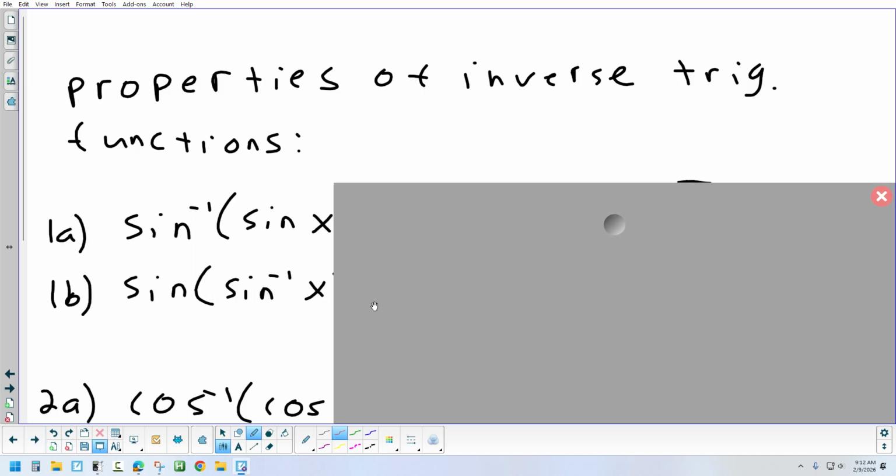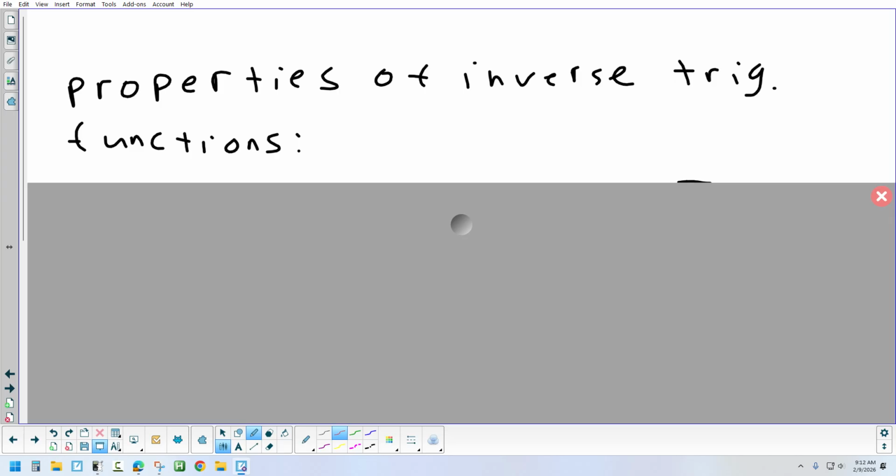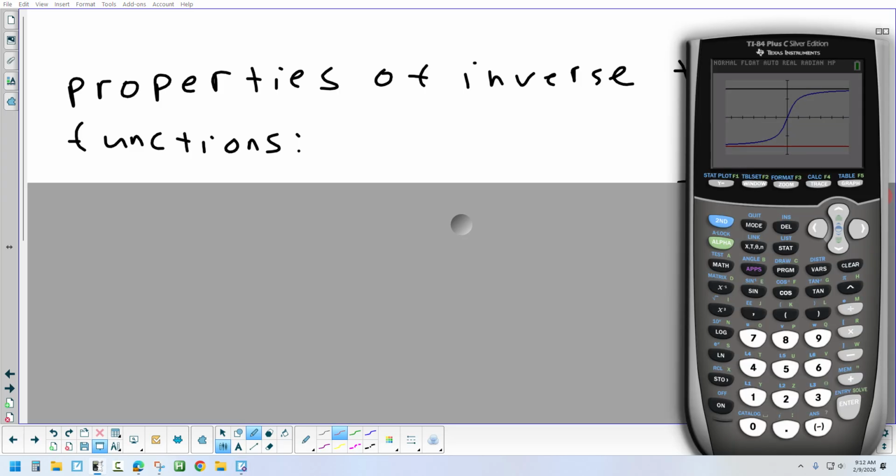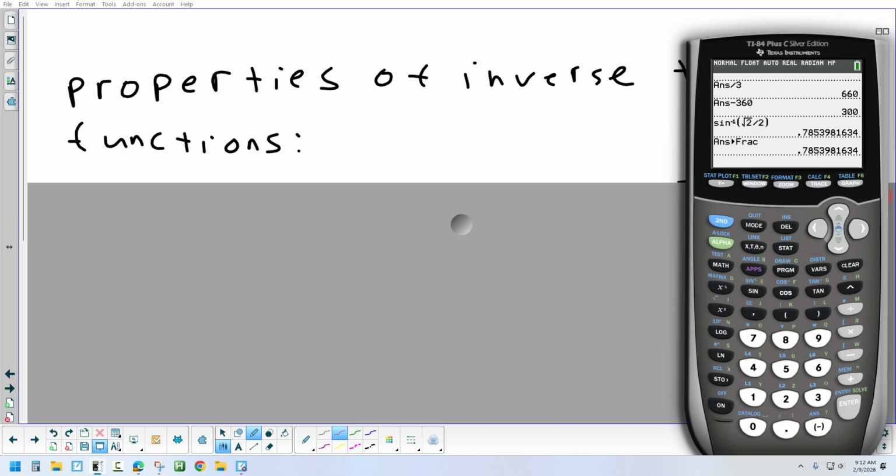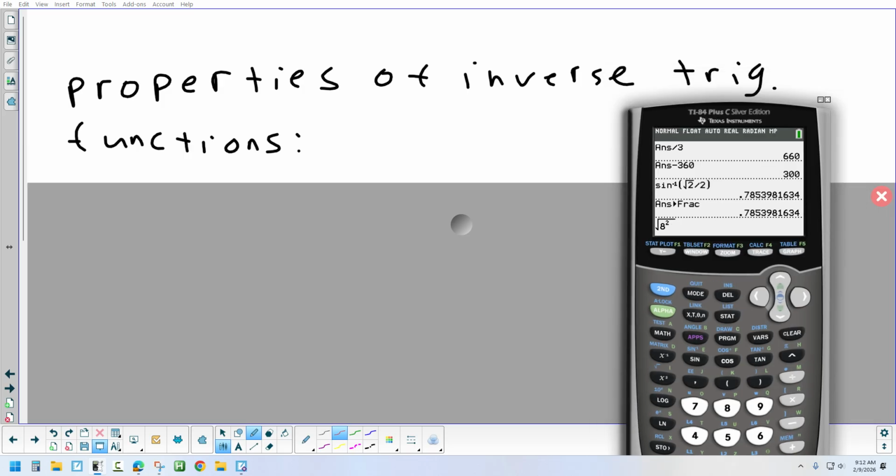Okay. So what do we know about inverse trig functions? Like if I take the square root of 8 squared, what do I get? Yes, I'm getting 8 because I'm operating on a number and the operations I'm using are inverses.